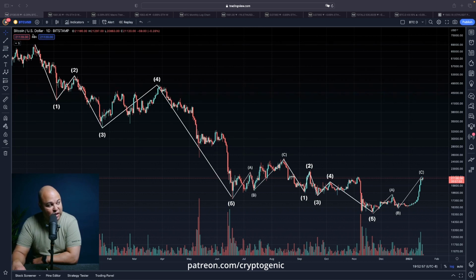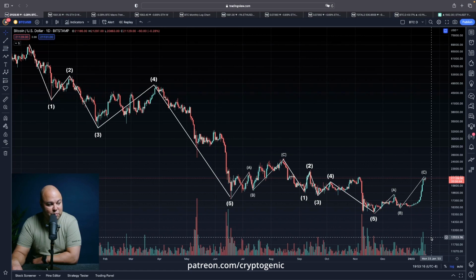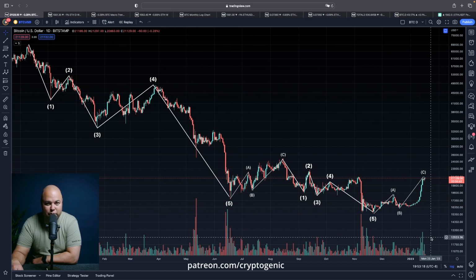So we've got a clear downtrend, and it's clearly an impulsive wave. 1, 2, 3, 4, 5, and then A, B, C. And then we've got a second complete cycle. 1, 2, 3, 4, 5, A, B, C, which means that for all intents and purposes, it appears that Bitcoin has completed two complete Elliott wave cycles.